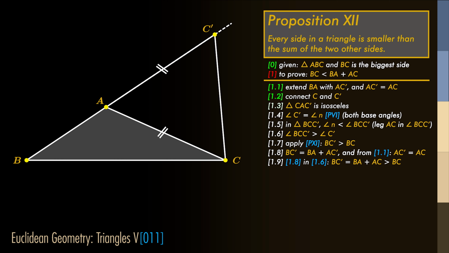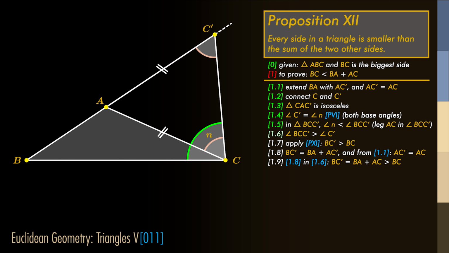This construction guarantees us that the triangle CAC prime is isosceles. So angle C prime is equal to angle N, the base angles. In triangle BCC prime, we know that angle N is smaller than angle BCC prime because the leg AC lies in between the angle BCC prime.